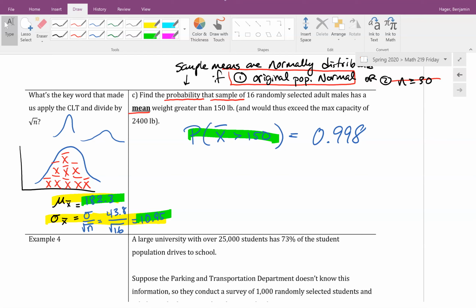The probability of that happening is 99.8%. If you got 16 people together, you know they're going to exceed 150 pounds altogether. So that's not the question. It's just saying that out of a group of 16, the average weight of an individual in that group being greater than 150 pounds is pretty good.